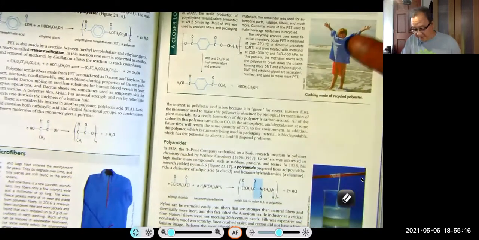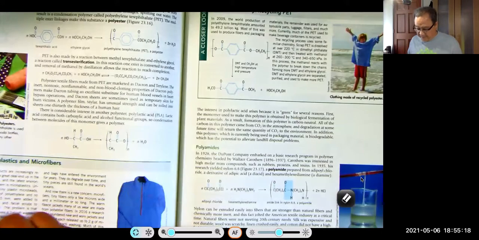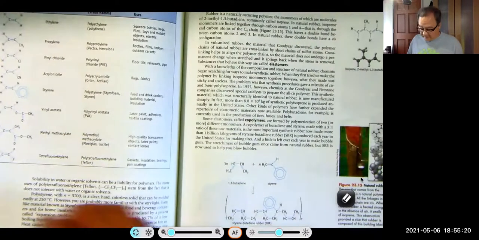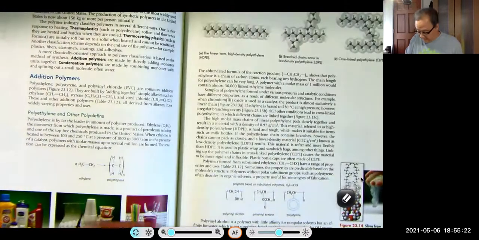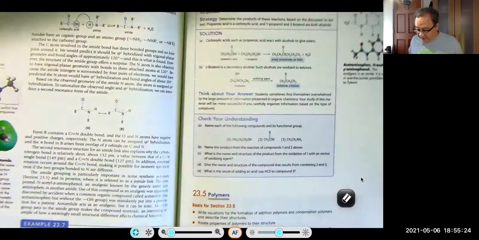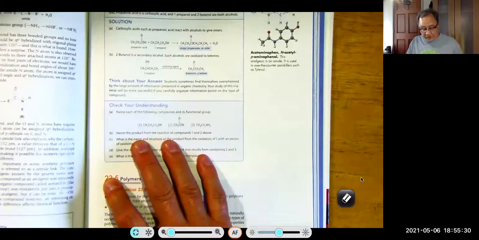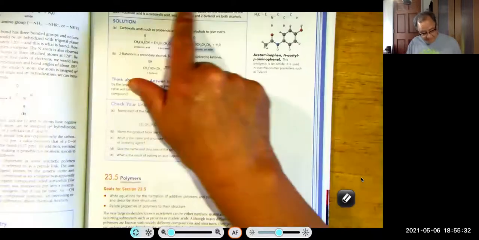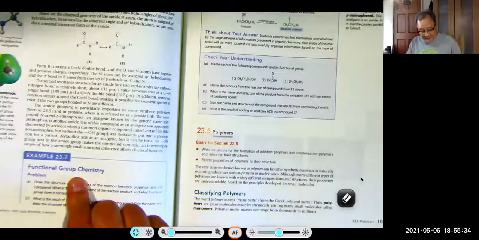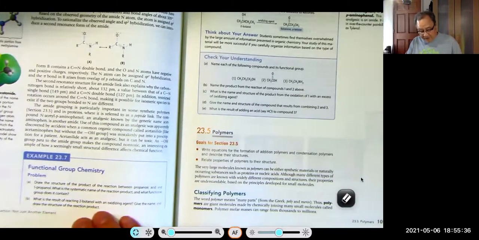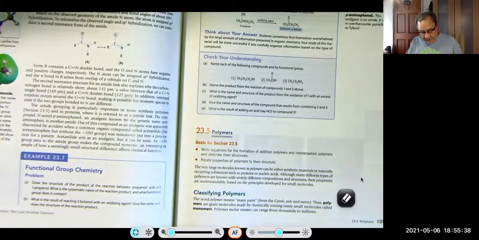Let's see here. Oh, here, check your understanding. So here they have this problem, functional group chemistry, and they ask you all these problems. Reactions that you don't need to know, you should just ignore.